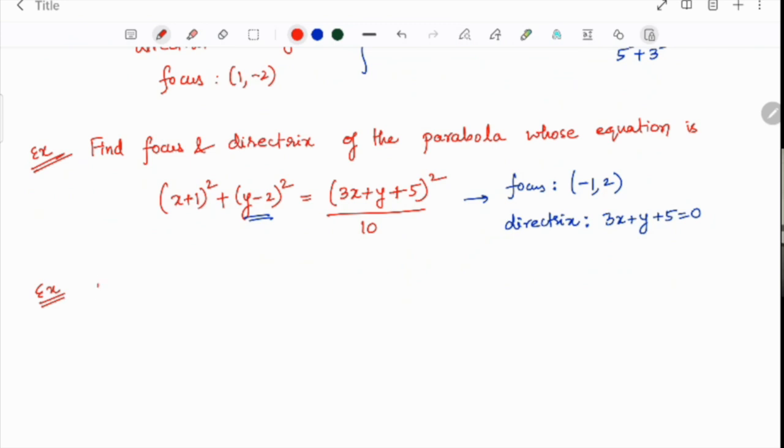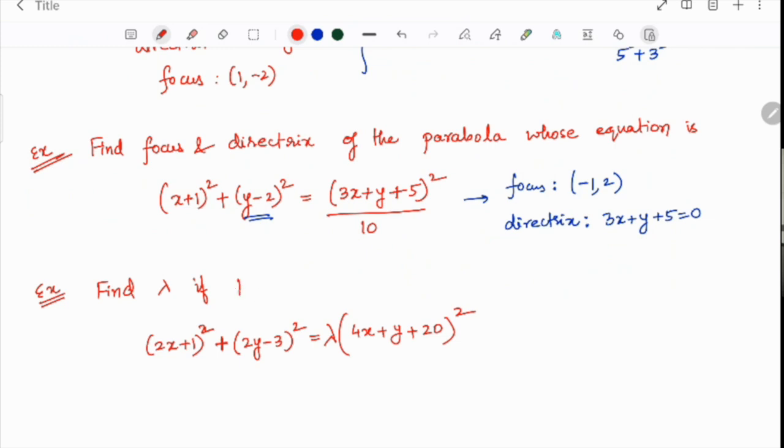So one more question. Find lambda if (2x plus 1) whole square plus (2y minus 3) whole square is equal to lambda times (4x plus y plus 20) whole square, if the equation represents a parabola.